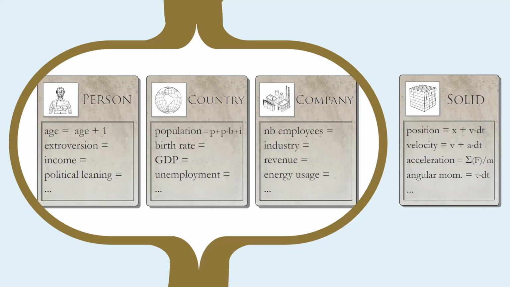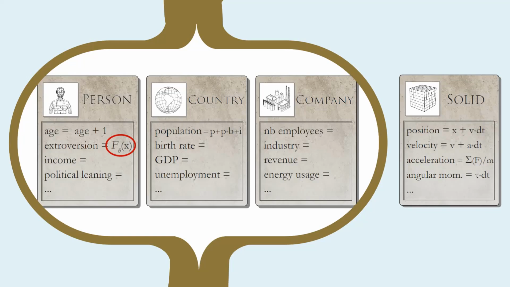And we know how to calculate a country's population as a function of its birth rate, death rate, and immigration. For the other rules, which we are not sure about, we have statistical functions. Such a statistical function, say the function for calculating someone's extroversion, could depend on any of the person's own attributes, other people's attributes, or even events from the past.